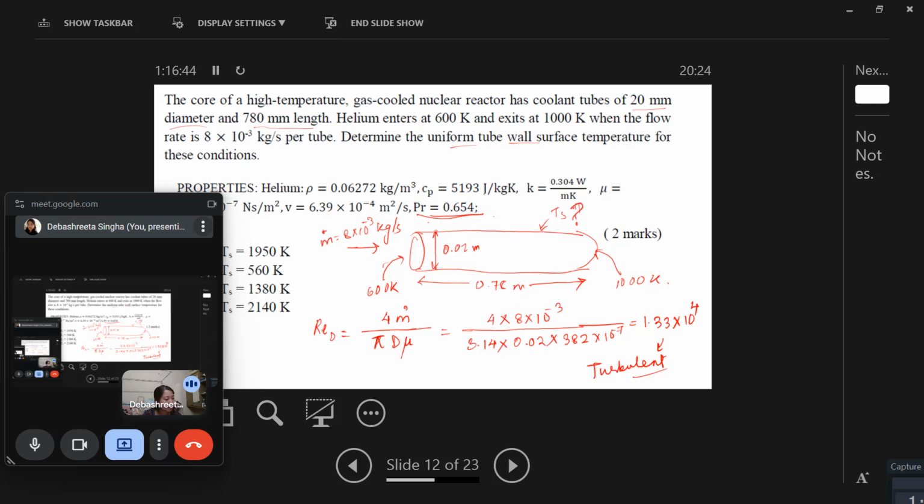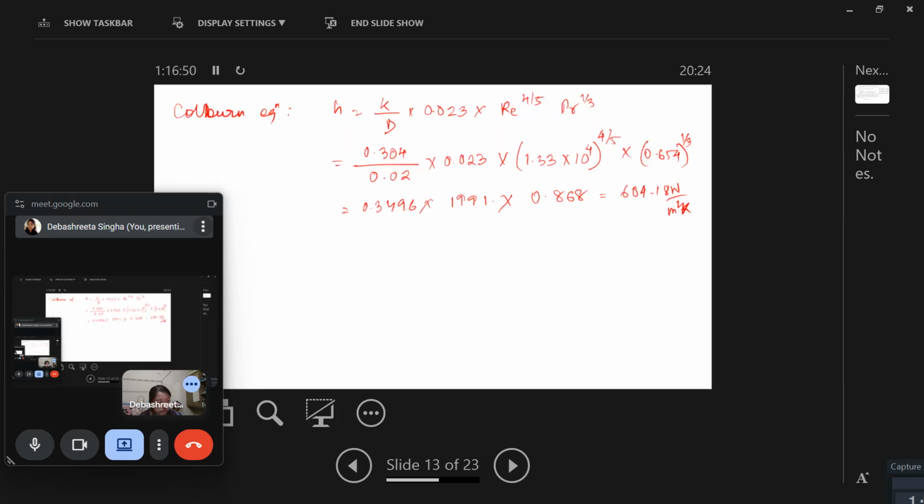Now they have asked to find out the uniform wall surface temperature. So we know (Ts minus Tm naught) divided by (Ts minus Tmi) is equal to exponential of minus pi D L h divided by m dot Cp.